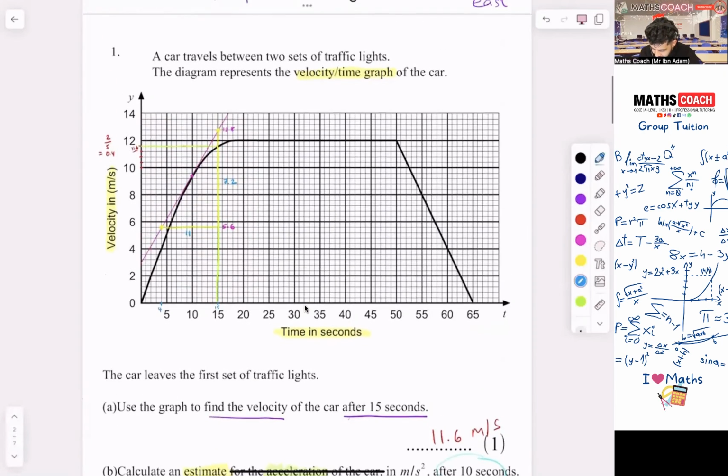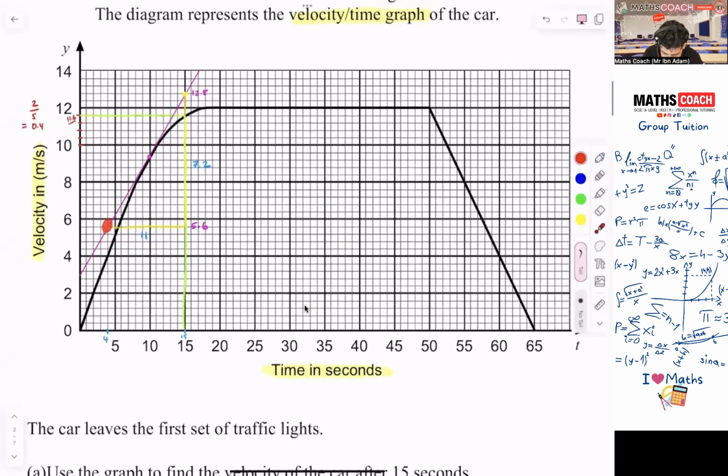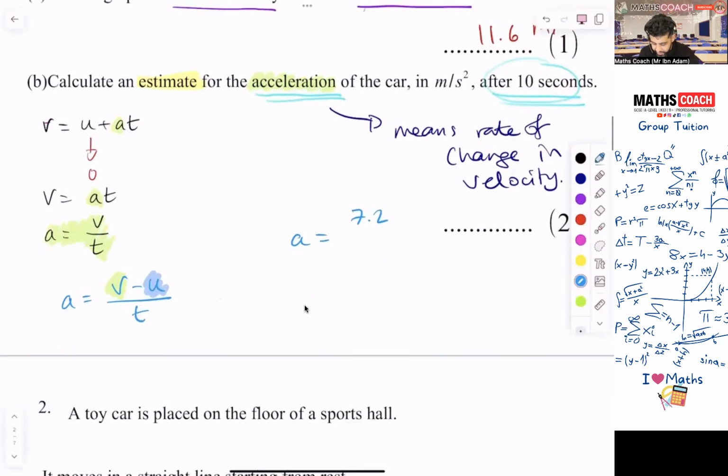So when we mark this point here and here, this was the initial velocity and this was the final velocity. So we're doing V minus U, and that's where we get that 7.2 from. And the time here is just 11 seconds, so we divide by 11, the time. That's how that works. So 7.2 is the result of V minus U, divided by the 11.